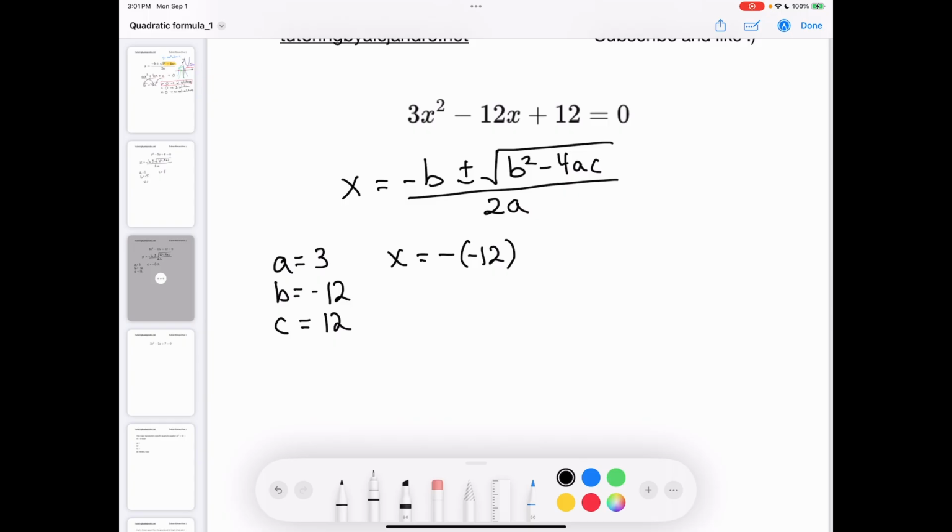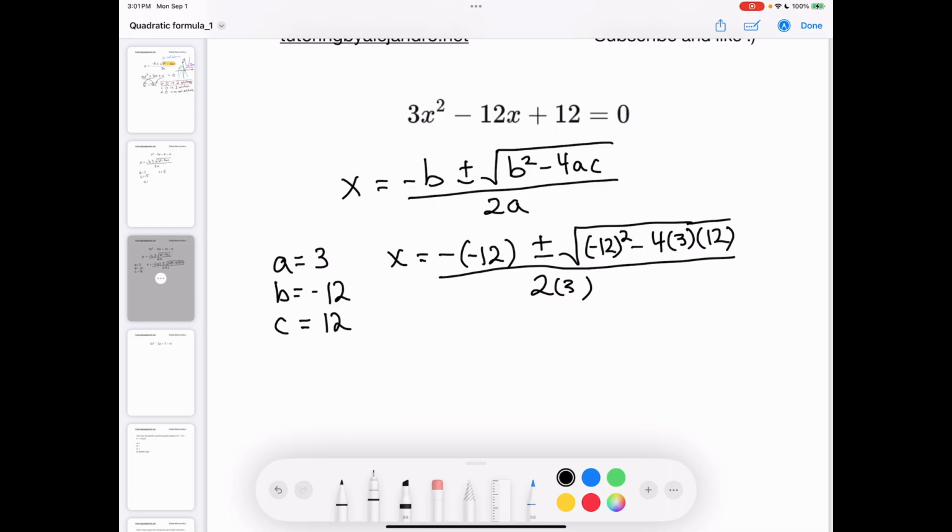Again, a negative and a negative right there. Plus or minus the square root of b squared, which is negative 12 squared, minus 4 times a, which is 3, times c, which is 12, all of that divided by 2 times a, which is 3. Okay, great.